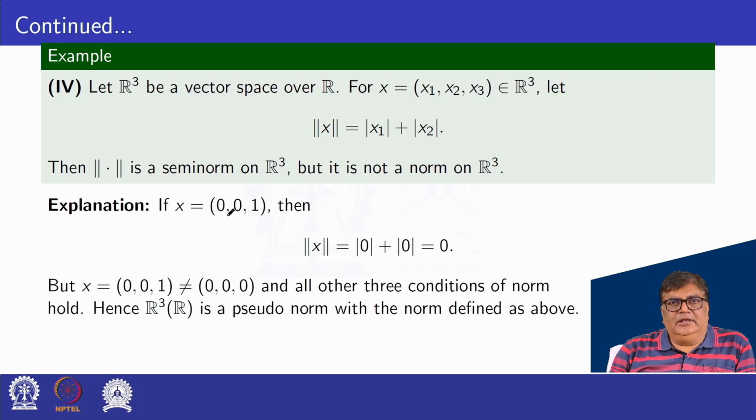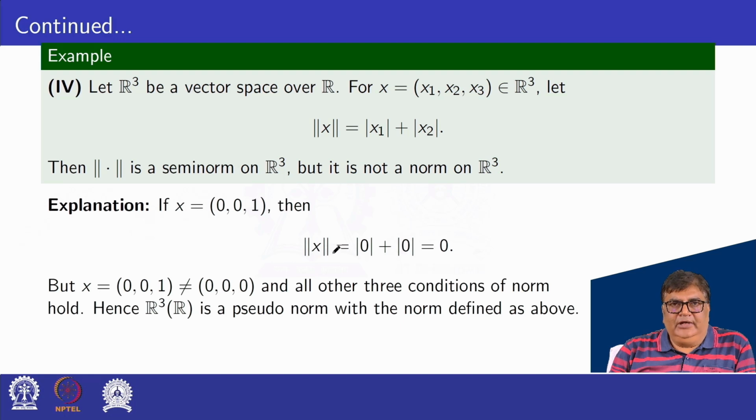For example, if x is equal to the triplet (0, 0, 1), then norm x, as per the definition, is equal to |x1| plus |x2|. Here x1 is 0 and x2 is 0, that is |0| plus |0| is equal to 0.